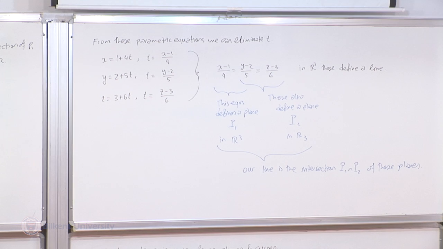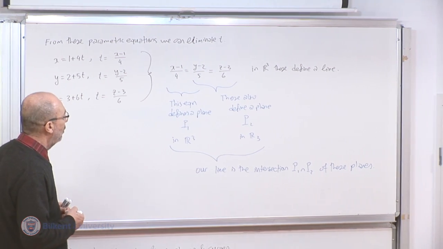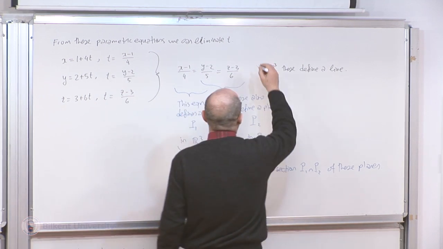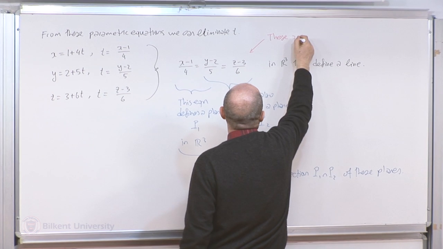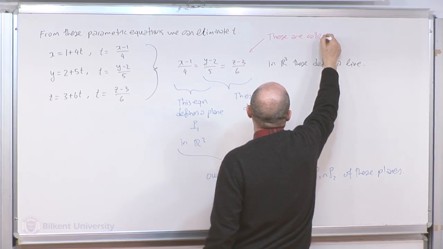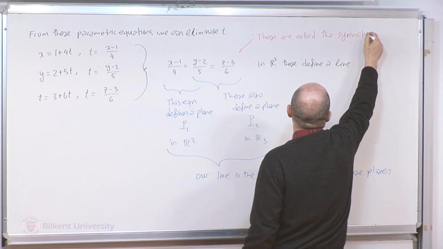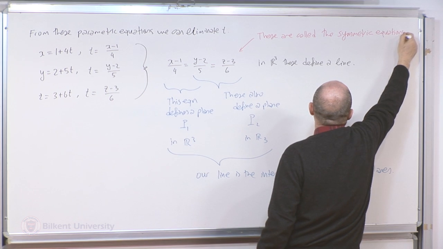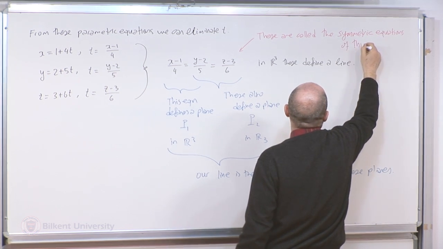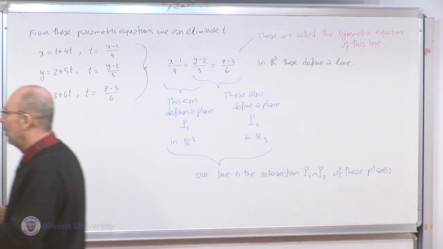You should know where to look, or if it's an exam, you have to know what to do. These are called the symmetric equations of the line.